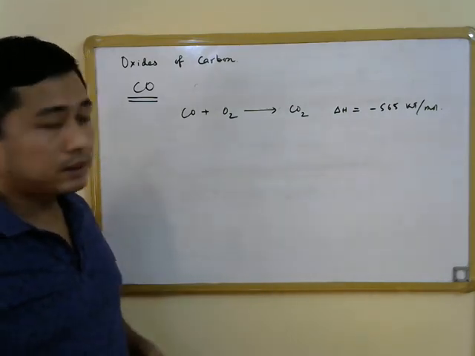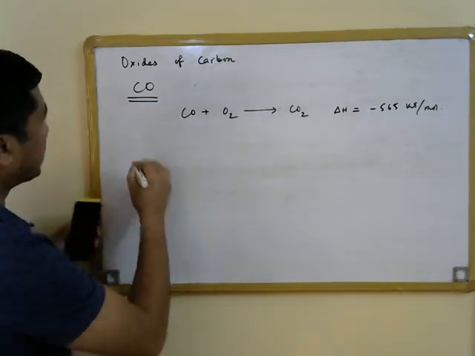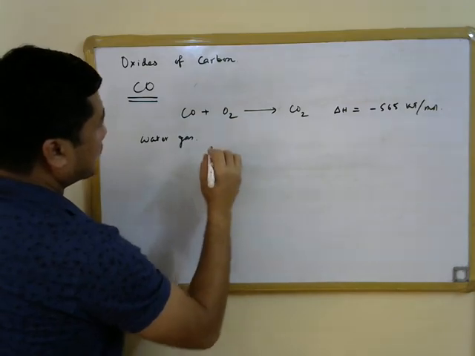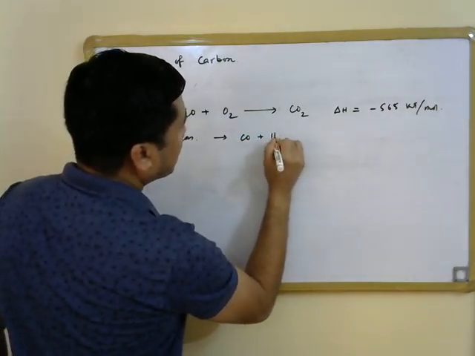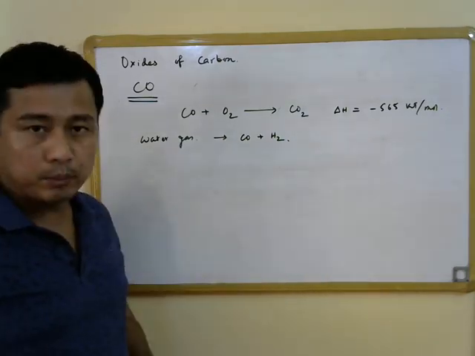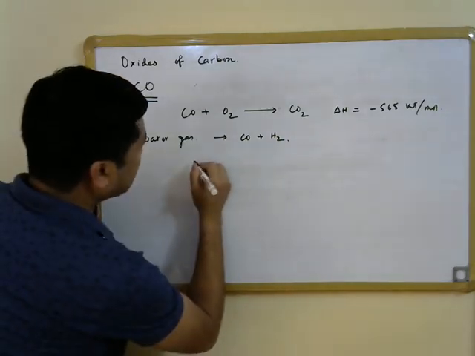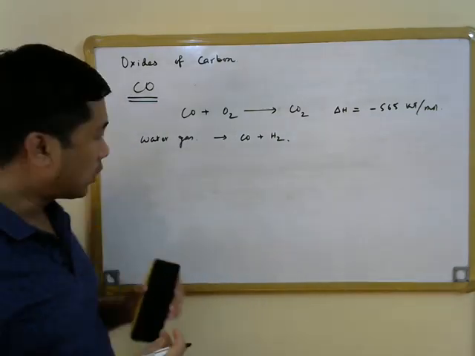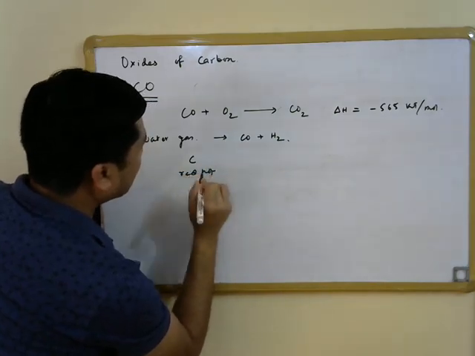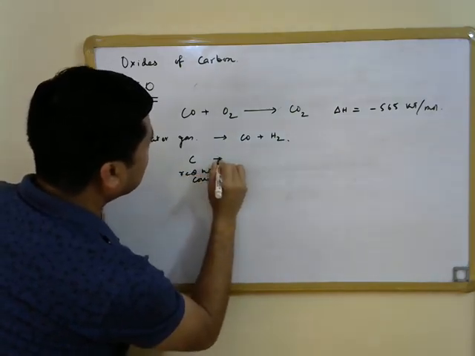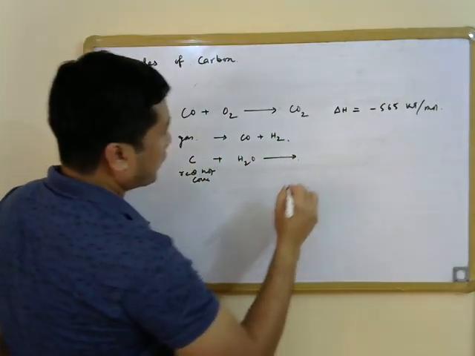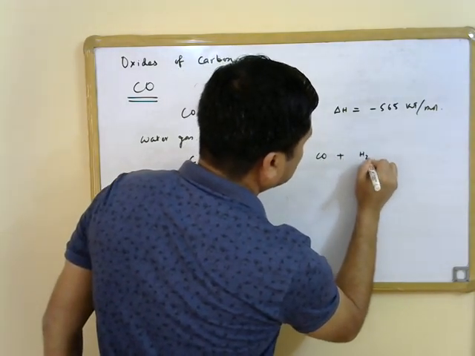The industrially important fuels where carbon monoxide is a component are, first, the water gas. A mixture of carbon monoxide and H2 is called water gas, and water gas can be prepared by passing steam through red hot coke. So you take red hot coke, which is carbon, and treat it with steam, then one can produce carbon monoxide plus H2.